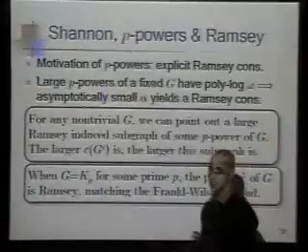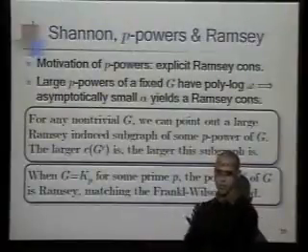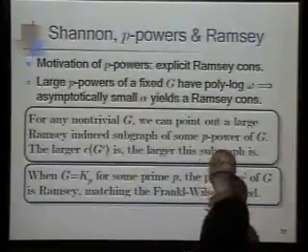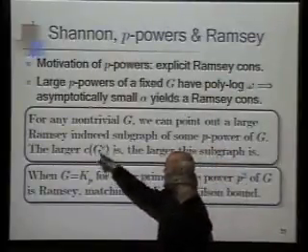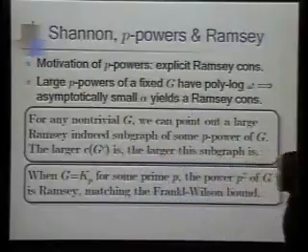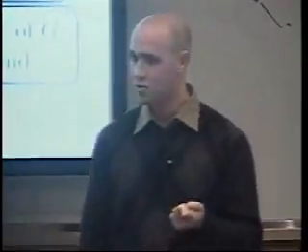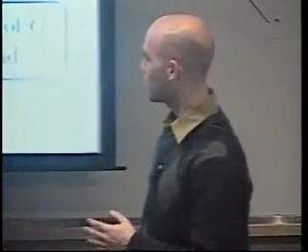And if you want it to be a good Ramsey graph, so a Ramsey graph is a graph without large monochromatic subgraphs, it turns out that you want the Shannon capacity of the complement of G to be large. So the Shannon capacity is again related to these. We kind of thought we left it behind us when we moved to the p powers.